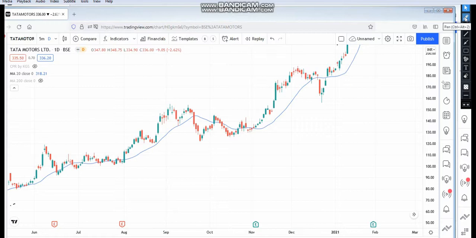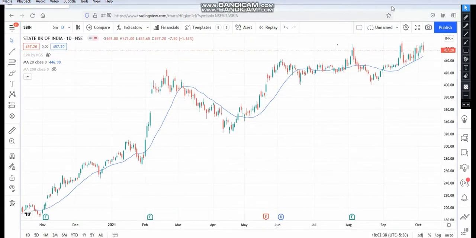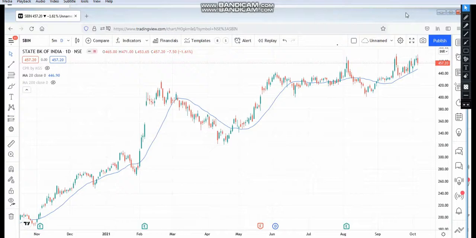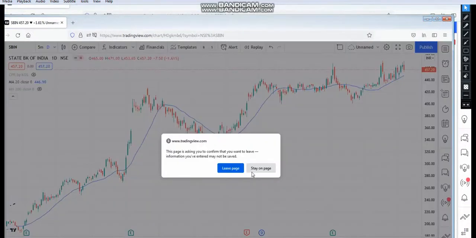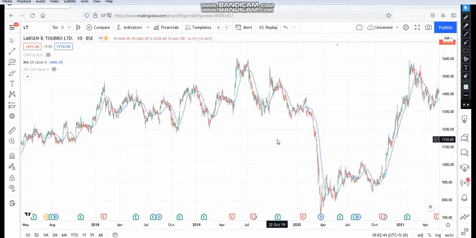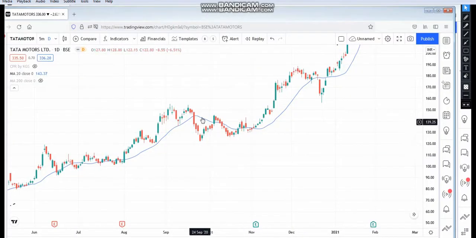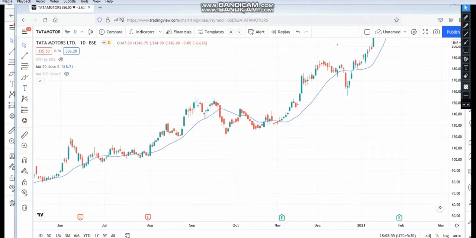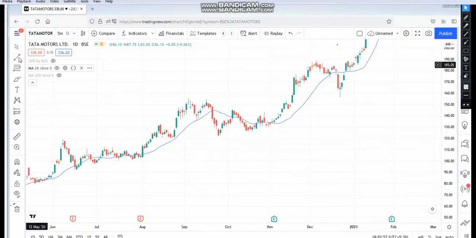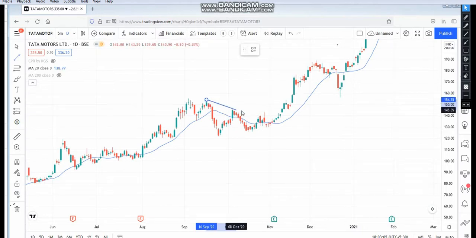Okay, so here you can see, now first we have to choose the trend line.